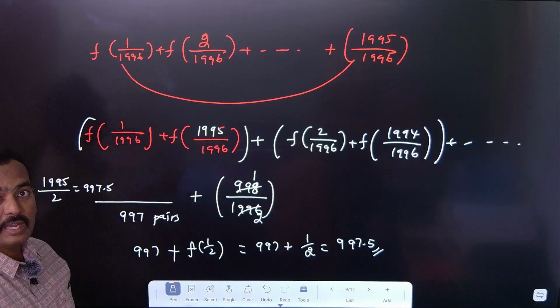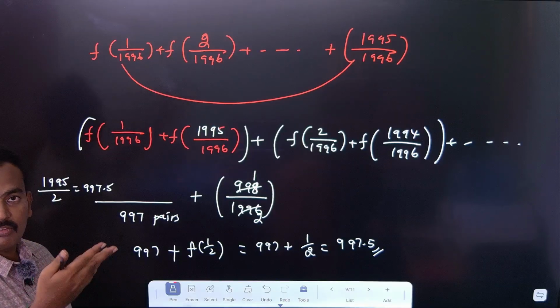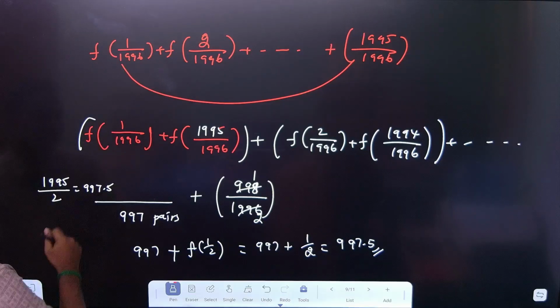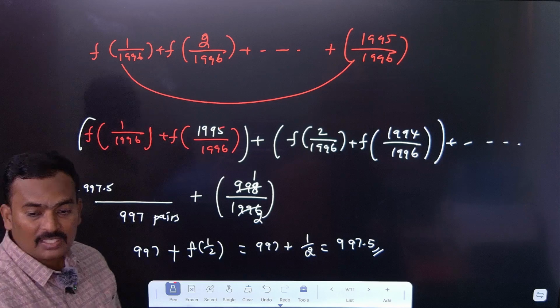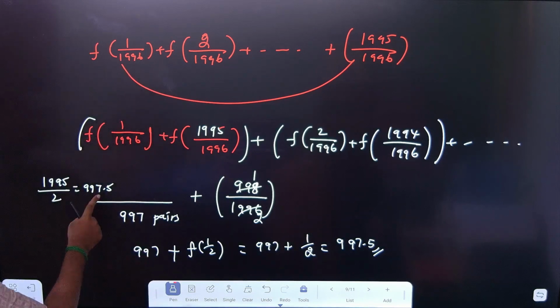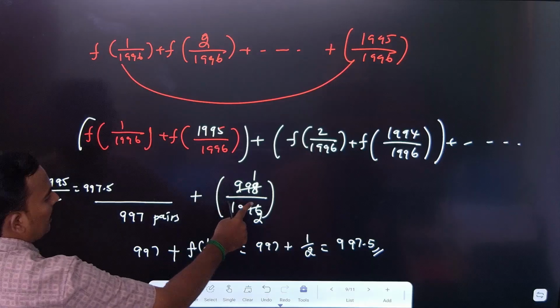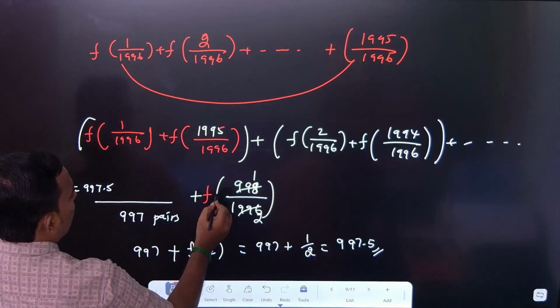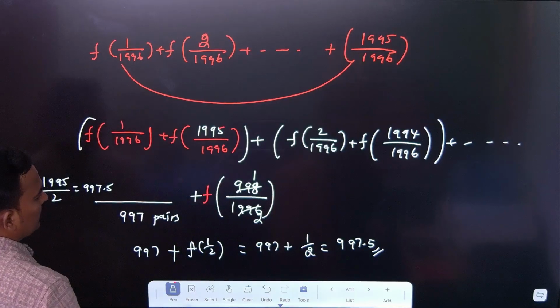So which term, how to calculate? Just take the last term divided by 2, 997.5. So the pairs will be 997, and the extra term will be the next term, 998 by 1996, that is half, right? This is your half, f of half you will get.